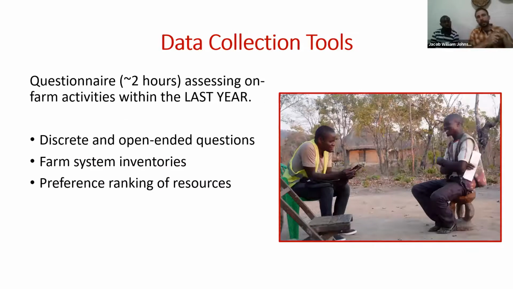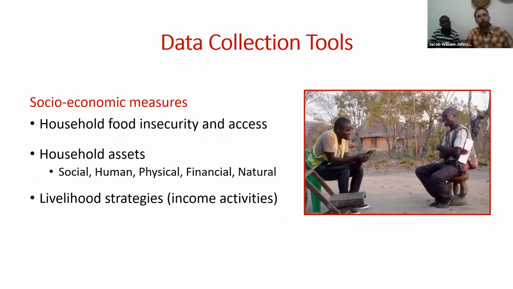Our questionnaire lasts about 2 hours, and it assesses all the farm activities that were done in the last year. It includes discrete and open-ended questions, inventories of farm system resources, as well as preference ranking of the way farmers use these resources on their farms, how they prefer to use them. We're going to collect socioeconomic measures such as household food insecurity and access.